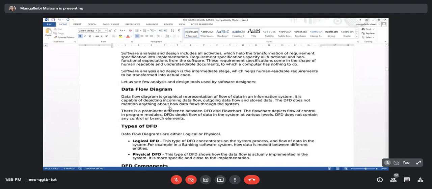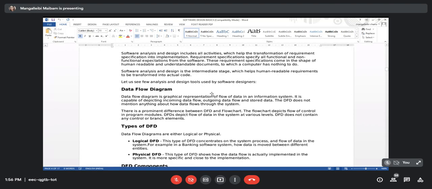Before that, just like the UML diagram, we can also present our data using a data flow diagram. A data flow diagram is a graphical representation of the flow of data. Within the information system, how data is sent from one module to another module is explained using a graphical representation, just like your UML diagram.